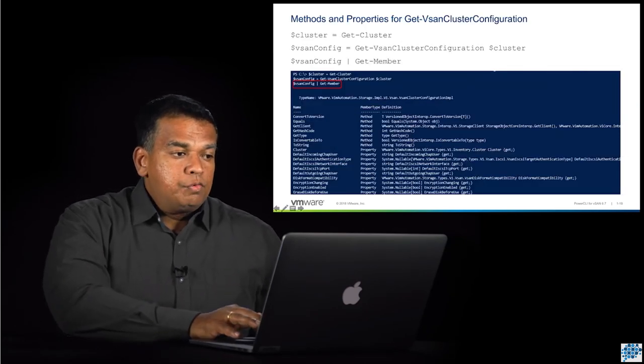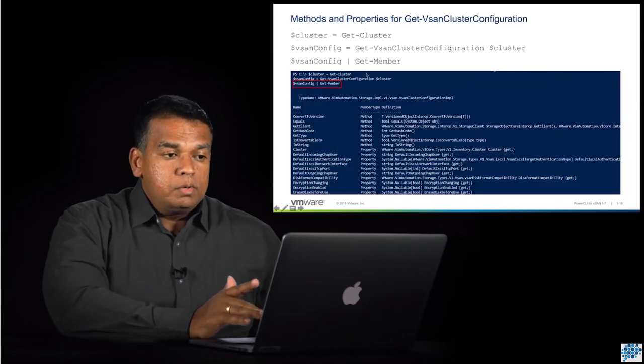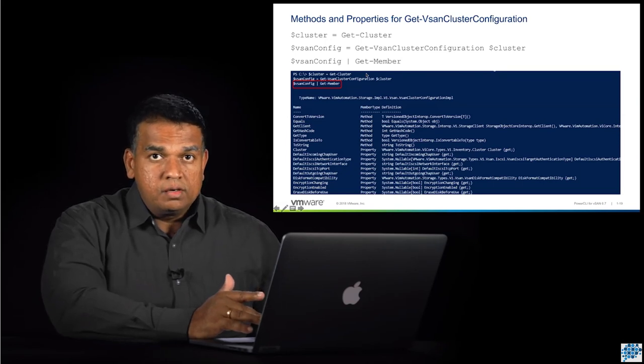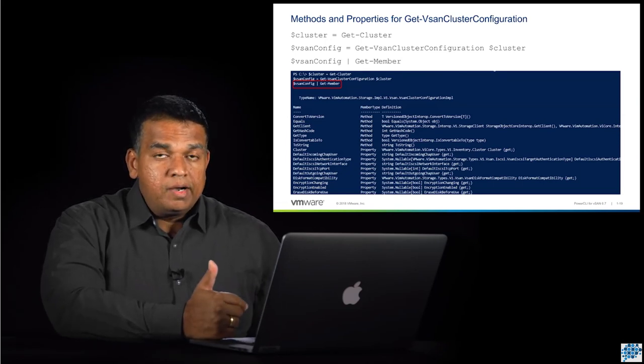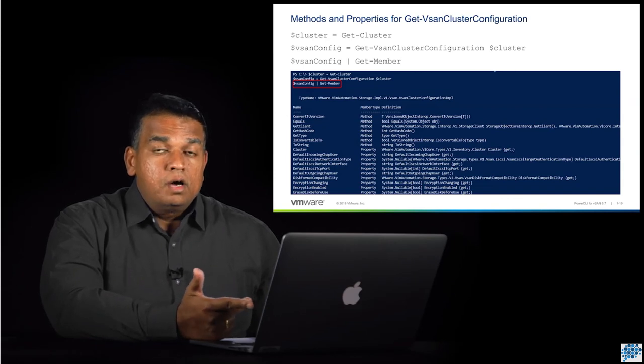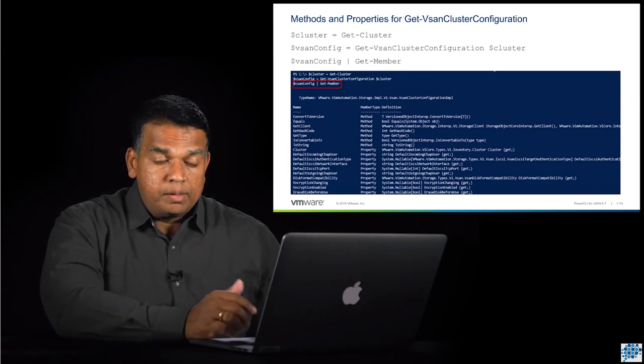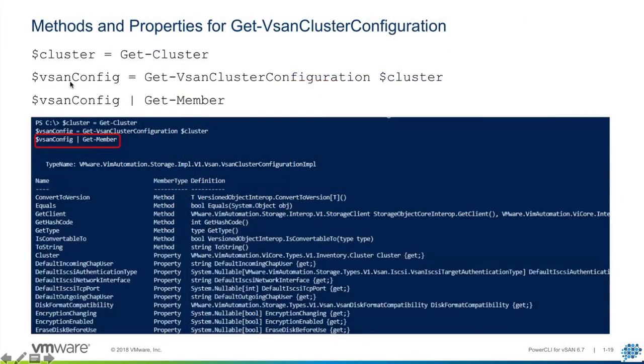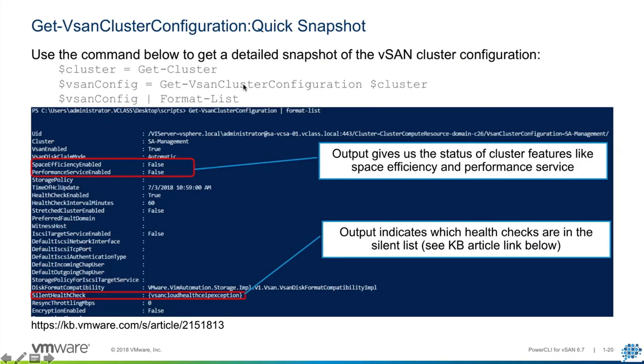Now before we can do anything else with this commandlet, we need to know what properties and methods are available for it. For doing that, I am running Get-VsanClusterConfiguration, and as the parameter I have supplied the cluster object, and I am storing the results in a variable called vsanConfig.